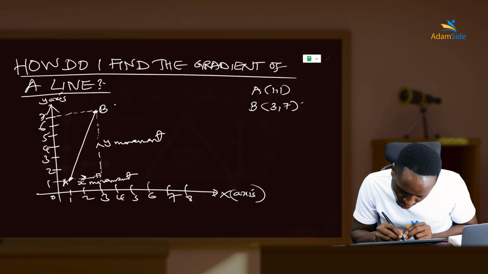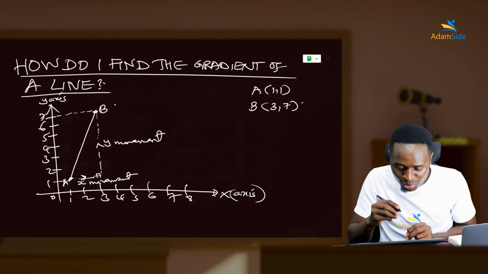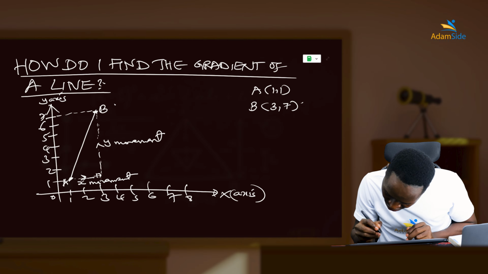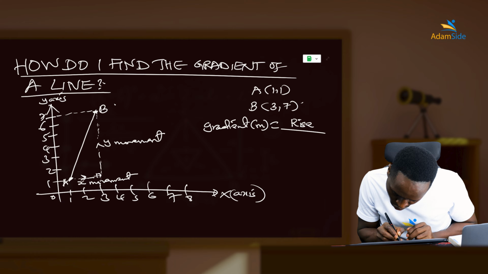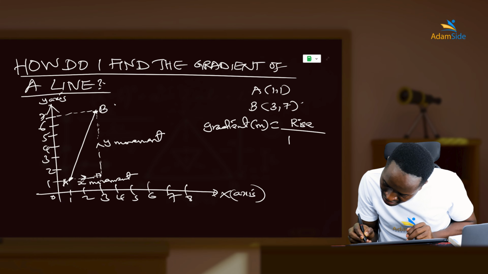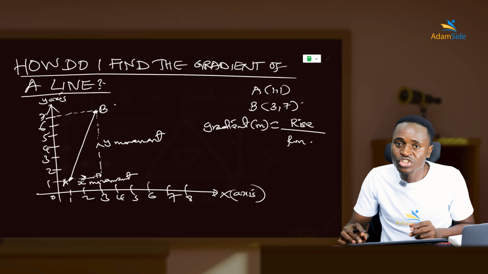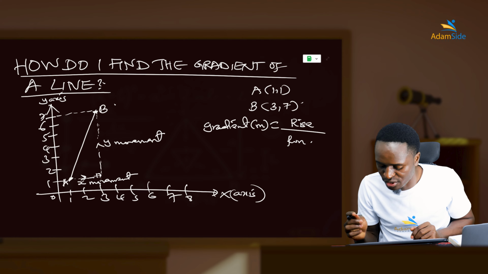So you see from point A to point B, you are rising. Therefore, from point A to point B, you are going up. That means it's rise. Therefore, you can say gradient, which is denoted as M, is rise divided by run, where rise represents the change of y values and run represents the change of x values.